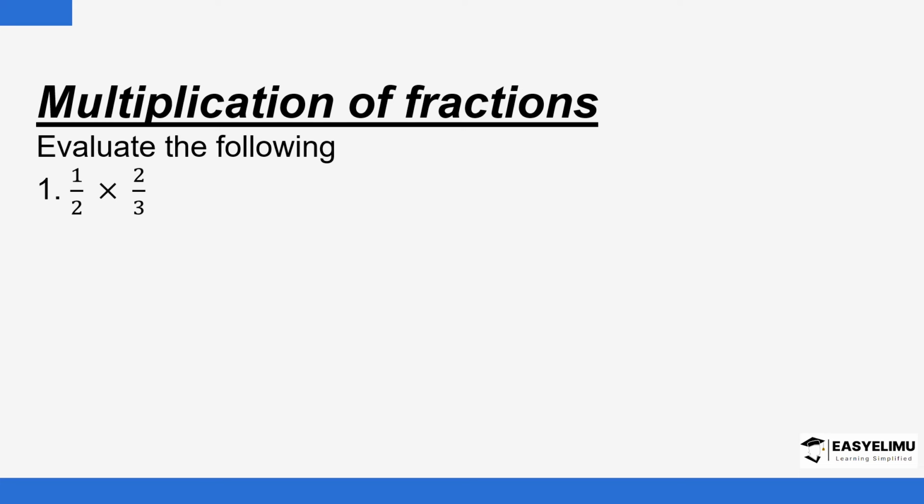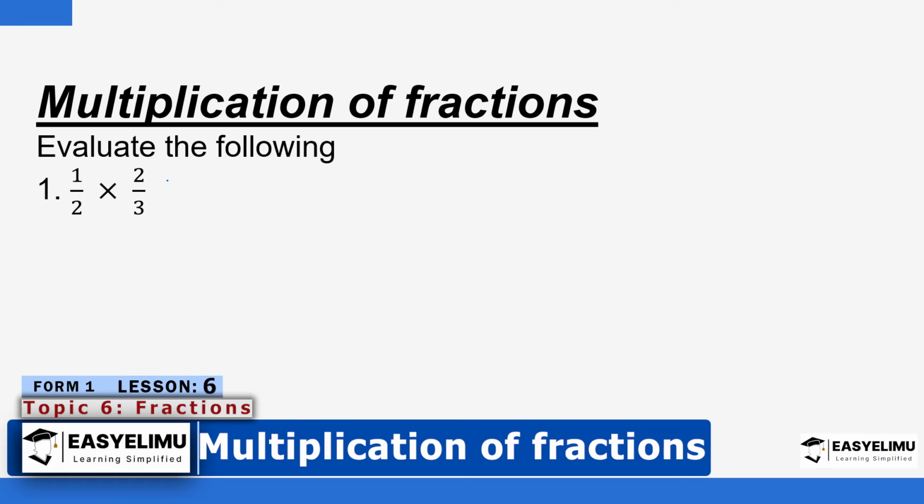So we have our first example here, which is on multiplications of fractions, and we're supposed to evaluate the fraction 1/2 multiplied by 2/3. So I'll give you two approaches.